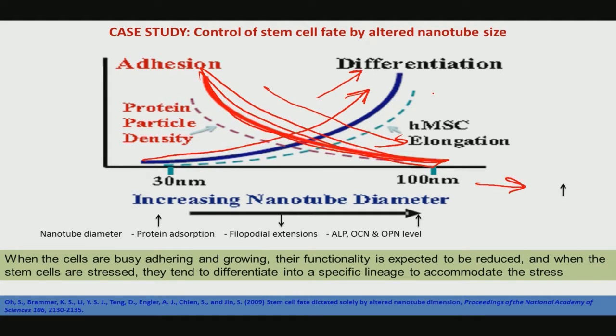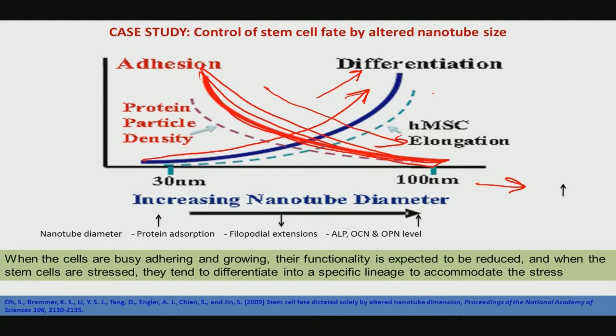So, less adhesion, more differentiation, simply because the physical space that each stem cell has in the surroundings is much more, so the way the stem cell would like to differentiate is possible.